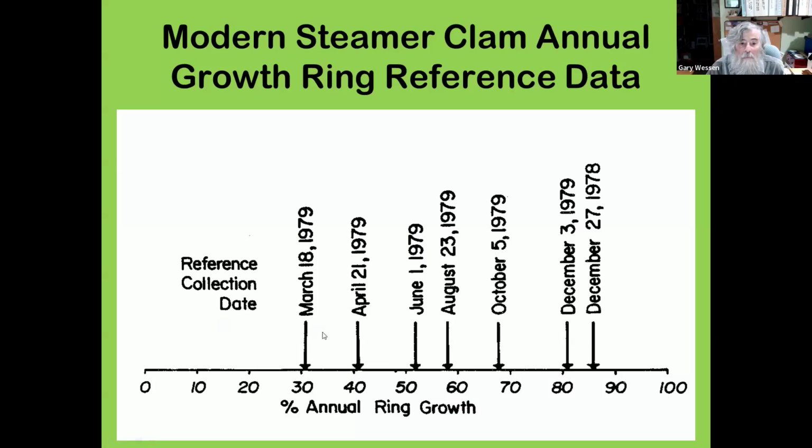From 40% to 70% represents late spring and summer. 70 to about 85% is fall. And over 85% is early winter. Not high precision seasonality, but enough to kind of break up the year.